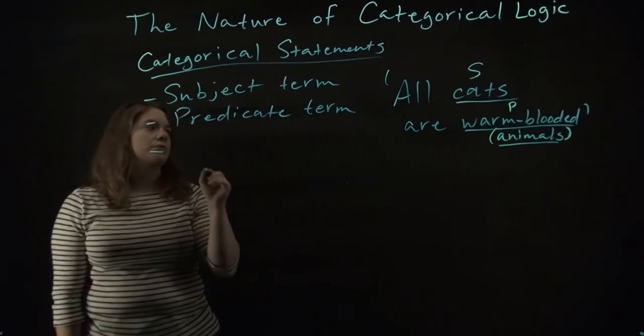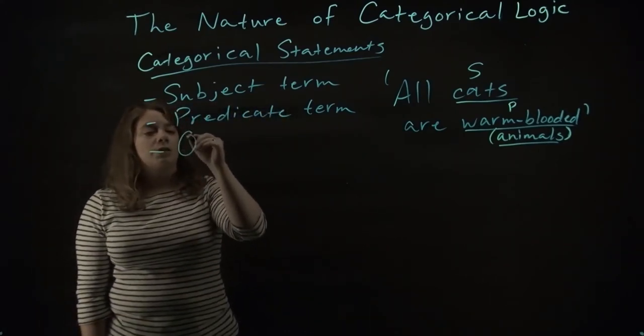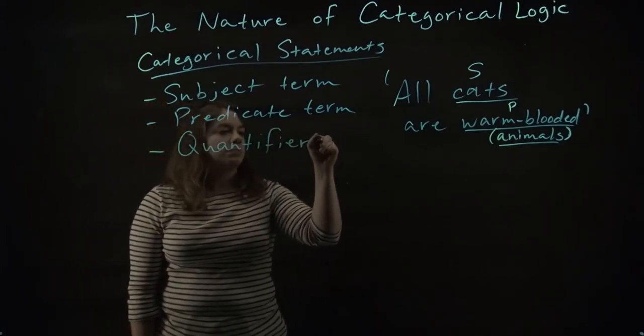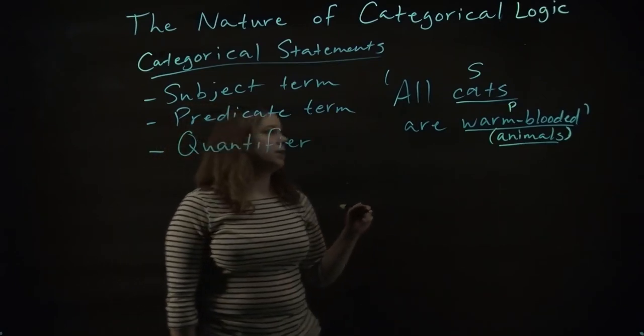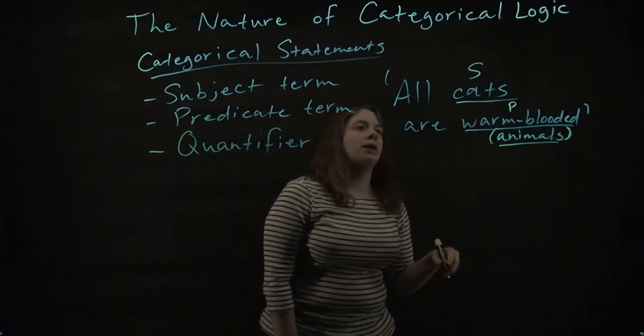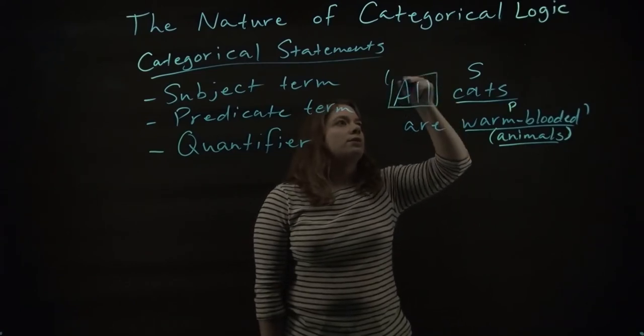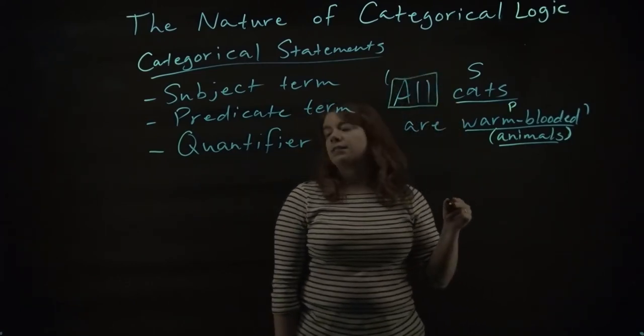Now, in addition to the subject and predicate terms, we also have quantifiers within every categorical statement. So in this case here, the word all is functioning as a quantifier.